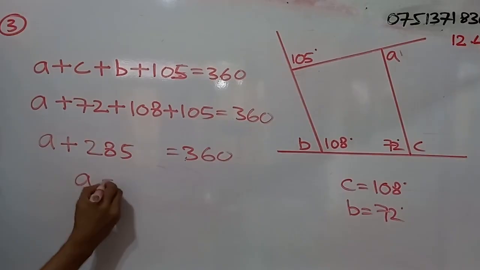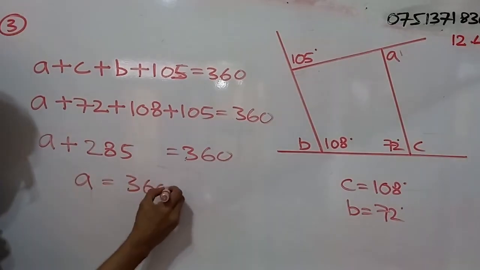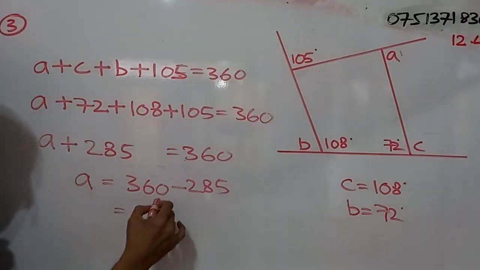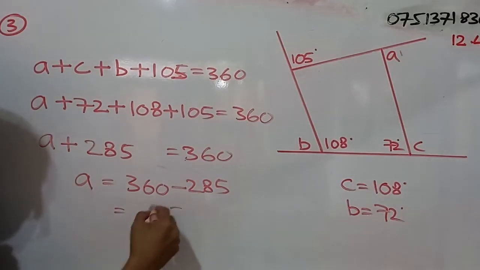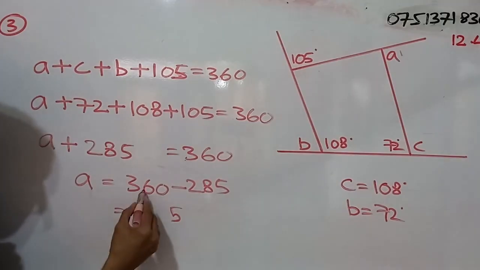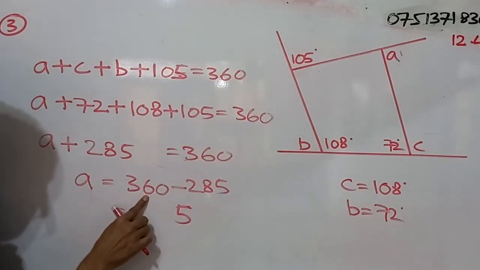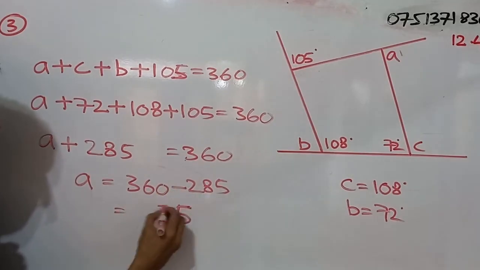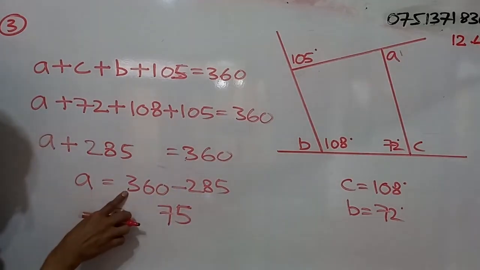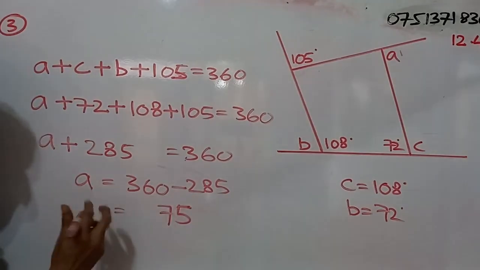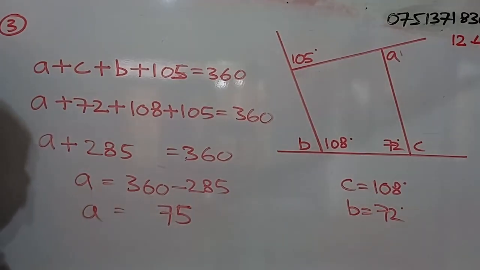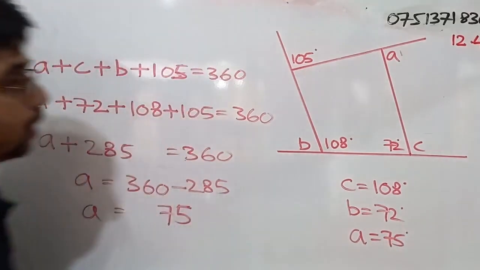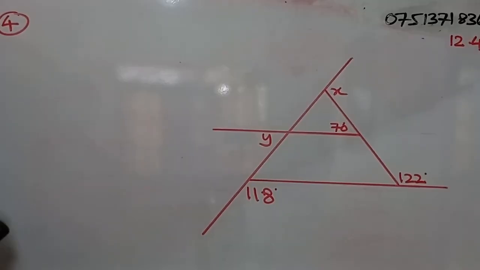So what is the value of A? 360 minus 285. 0 minus 5 we can't do. 10 minus 5 is 5. The remaining digit is 5. 5 minus 8 we can't do. 15 minus 8 is 7. The remaining digit is 2. 2 minus 2 is 0. So the value of angle A is 75 degrees.